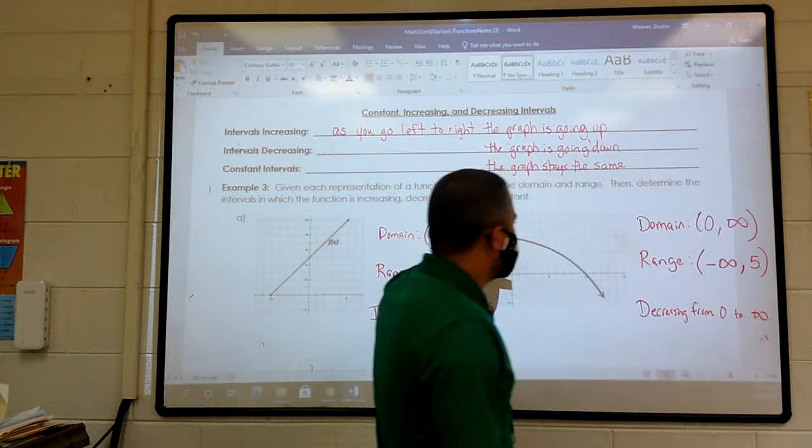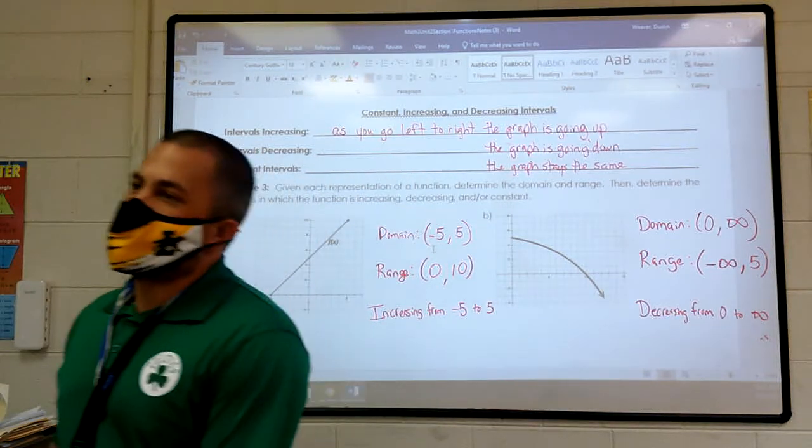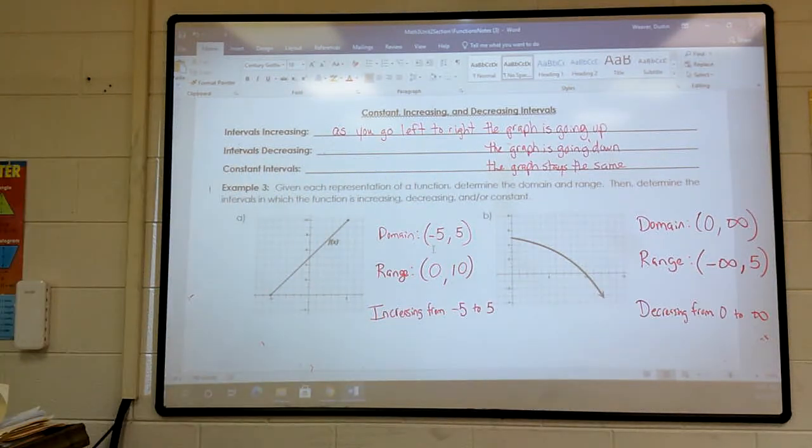So all the way from 0 to infinity, that graph is going down. If we kept going further and further to the right, you would still see that graph going down from 0 all the way until infinity. So that was example 3, that was A and B.